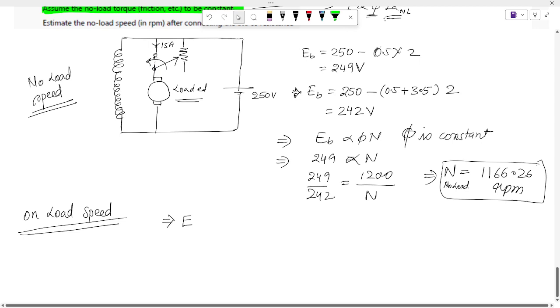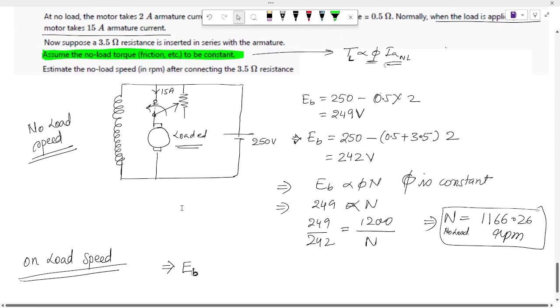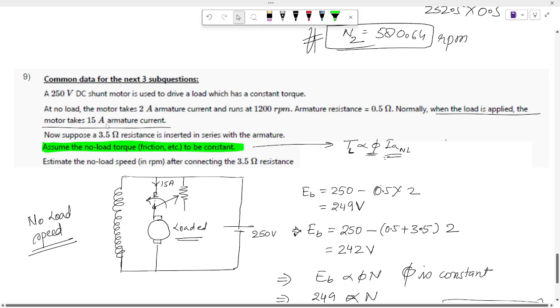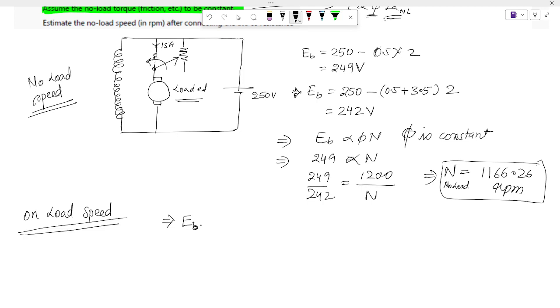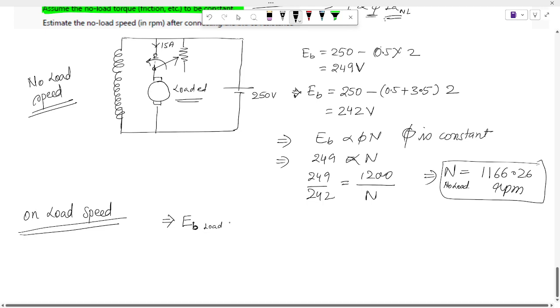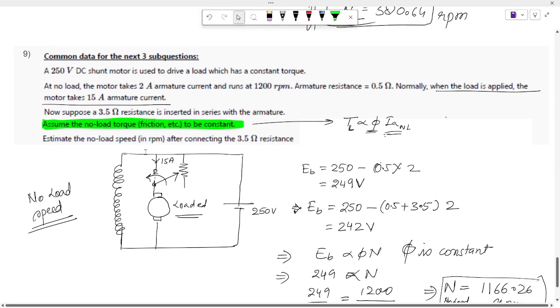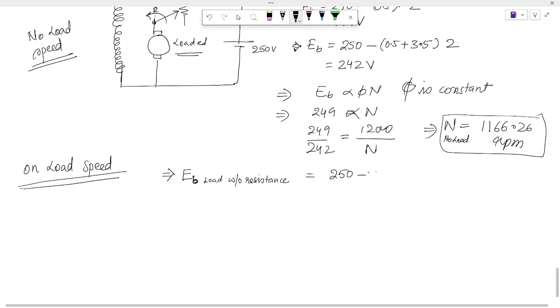Let us call this first EB under the loaded case without resistance. Without resistance what will it be? That will be 250 minus how much current they have given? 15 ampere armature current. So 250 minus 15 into 0.5.